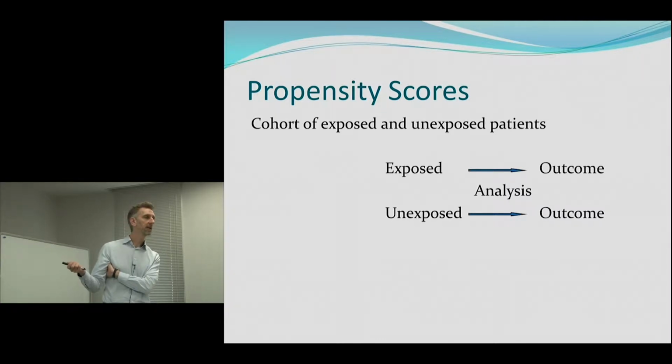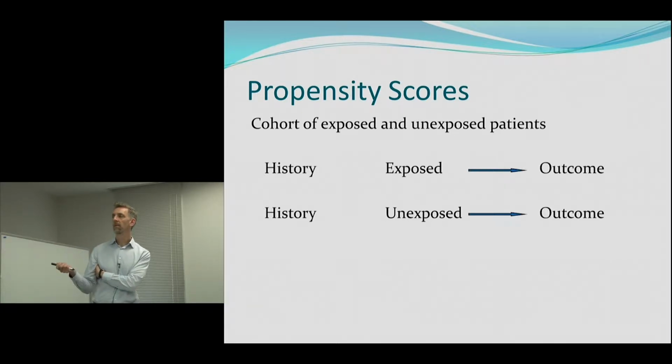Let's say it's a statin, because in the example it is, and the unexposed people are going to be people not taking a statin. And ultimately, we may be interested in some outcome after taking a statin. So that's what we're really, really interested in. But to use a propensity score, we start off by ignoring this bit.